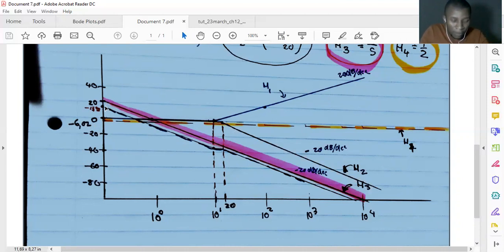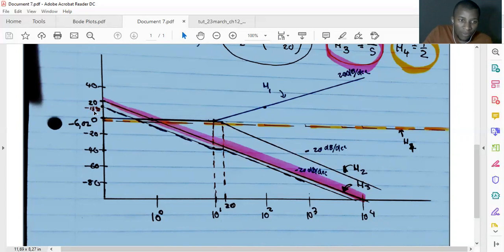So we add minus 6.02 for transfer function H4, we add 0 for transfer function H1, and then we add 20 for transfer function H3.